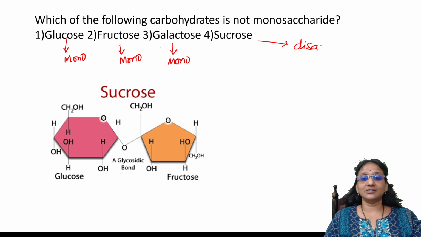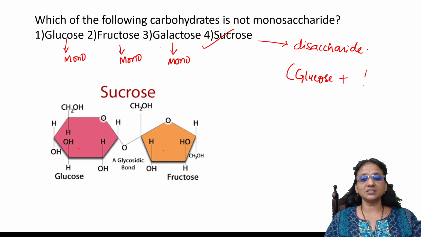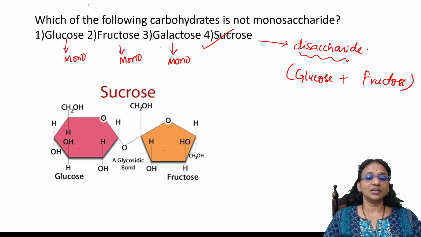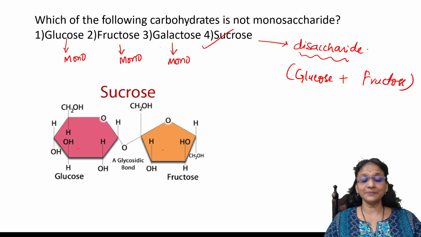So the answer here, which is not a monosaccharide, is sucrose. See the diagram here. Sucrose is made up of two units: one glucose molecule and one fructose molecule. That's the reason it is a disaccharide. And as mentioned, which of the following is not a monosaccharide? It is sucrose. Easy? Okay.